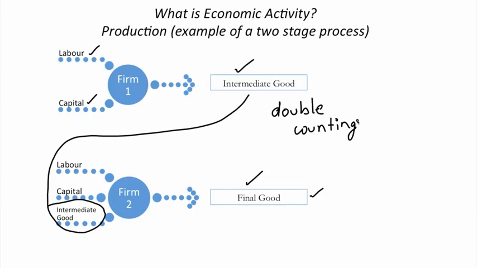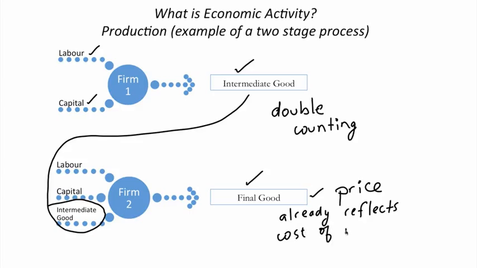And the double counting problem is that if you did it this way, measured the production flows at both stages, you would end up counting the intermediate good twice. And that's because the price at which you would value the final good already reflects the cost of the intermediate good.